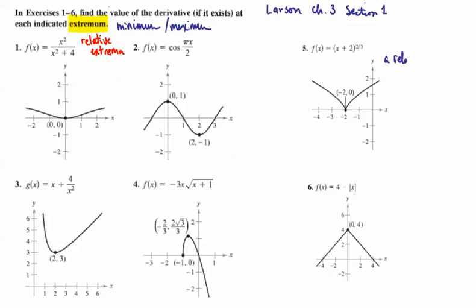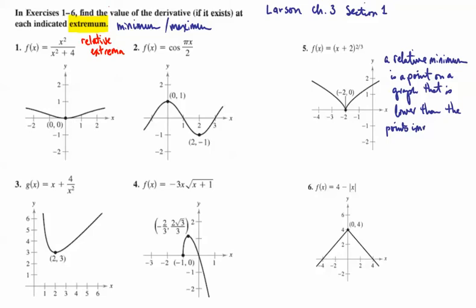A relative minimum is a point on a graph that is lower than the points immediately to the left or right of it.